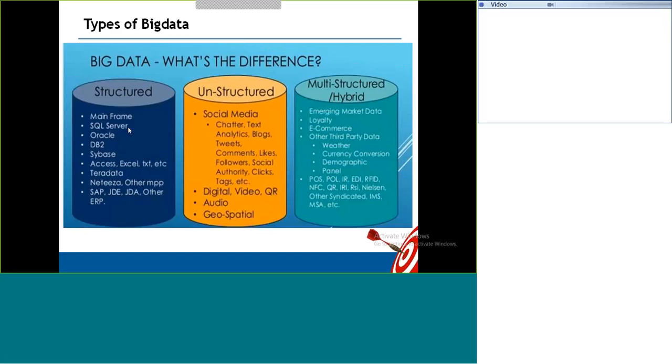Whatever databases you are working with store only that, compared to the unstructured and multi-structured. So structured is only 10% of the data you are dealing with in all these RDBMS databases. Then multi-structured or semi-structured is only 5 to 10%. Multi-structured means maybe XML format, JSON format, or sometimes Excel.